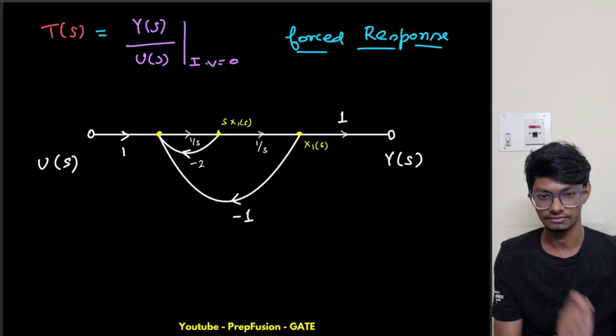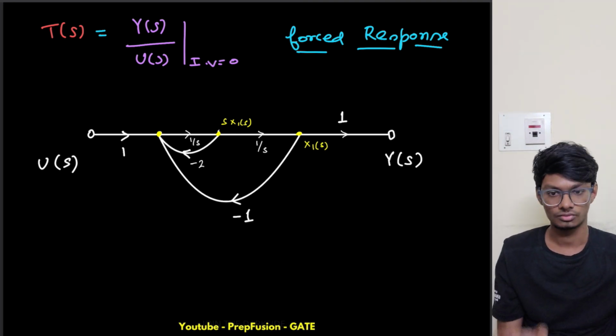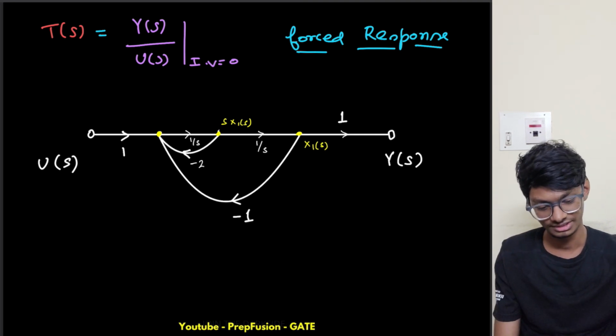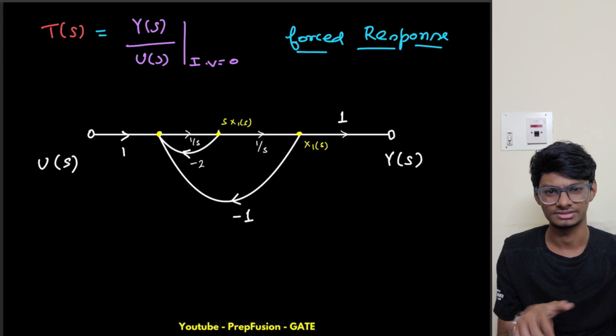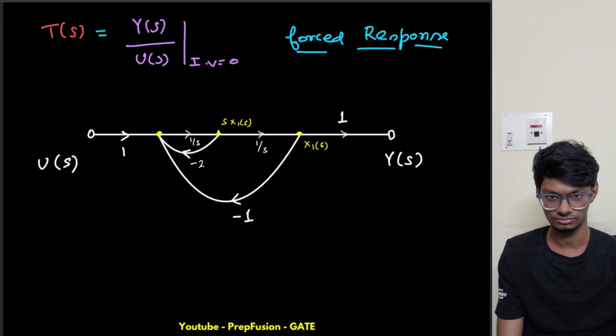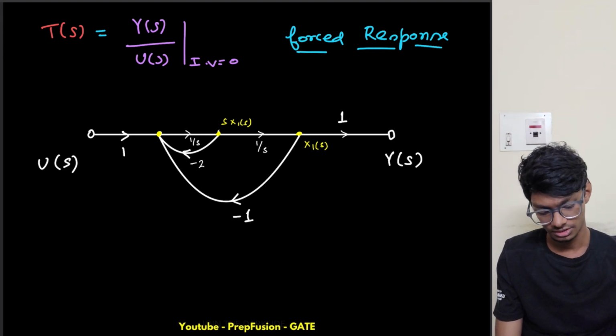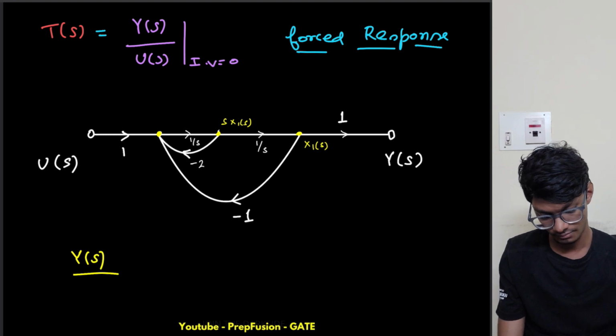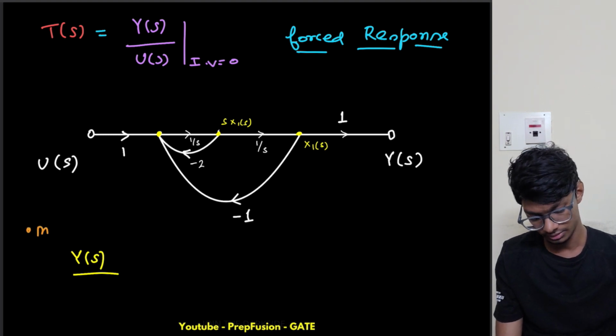It is a simple SFG only, so you are experts at this, and you have practiced it many times. Using Mason's gain formula again, let me take it to the next page.